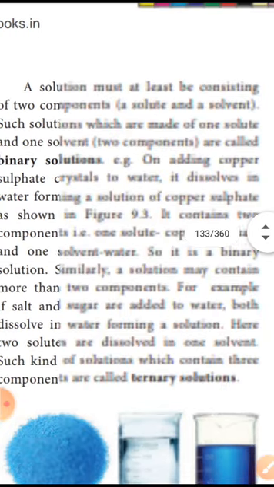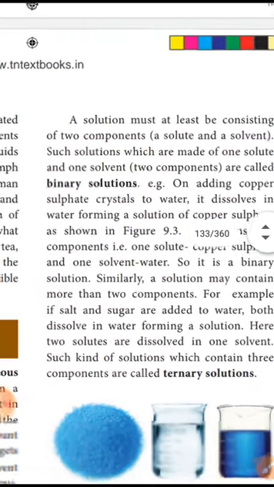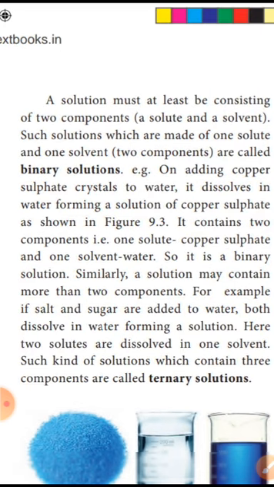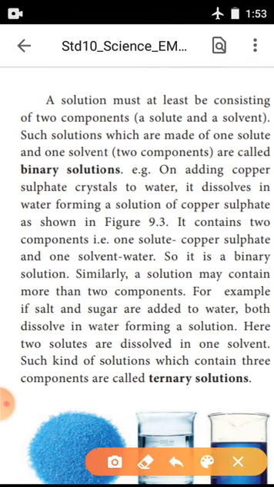Okay, then what is binary solution? Bi means two. So the solution that contains one solute and one solvent, if a solution contains one solute and one solvent, the solution is called binary solution.